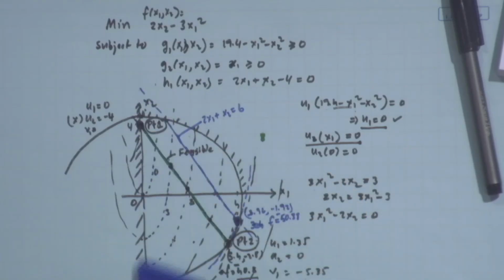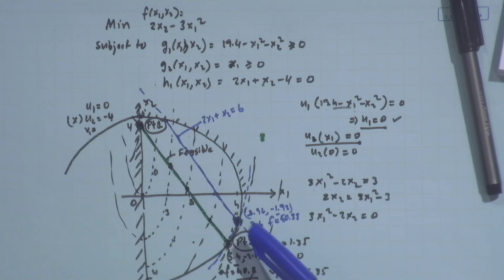So if you get U1 equal to positive something, 1 point something, and U2 0, that means U2 is not important for this optimum. And as you can see in this figure that I have drawn, U2 corresponds to this vertical line, far away from where the optimum is. So U1 is most important. That's the only information you get from that.